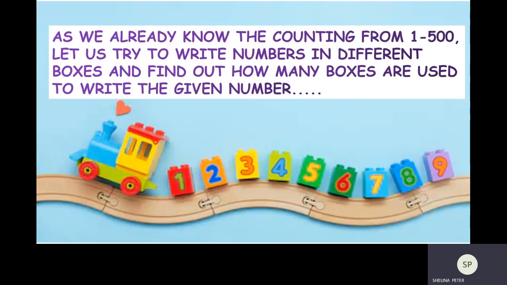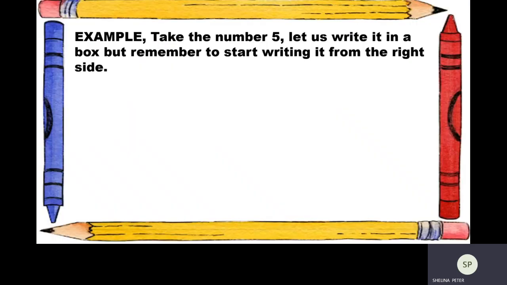Okay, so as we already know the counting from 1 to 500, let us try to write numbers in different boxes and find out how many boxes are used to write the given number. So let us take the first example. Take the number 5.